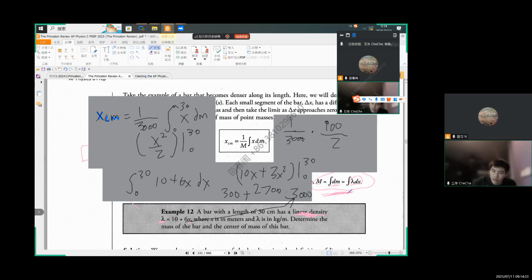So you can get 9 over 30, 10 over 3, 3 over 20. And they say 0.154. Let me just make sure that's the same thing. Yeah, it seems like it. Close enough.